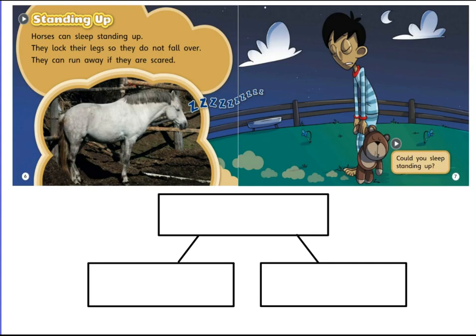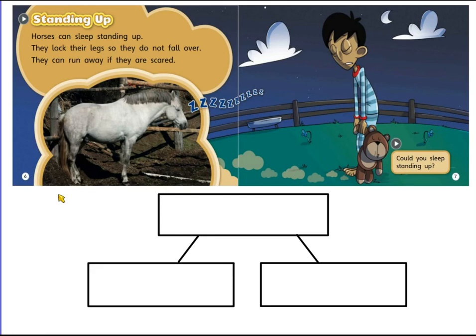So today we are going to use sentences from the book to help us fill out our graphic organizer. Do you remember what goes in the top box? The top box of our graphic organizer should be our main idea, or what the chapter is mostly about.